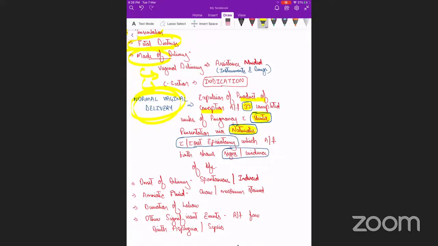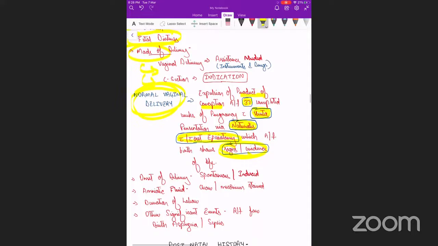So it has to be a vaginal delivery with or without episiotomy, which after birth shows signs or evidence of life. So this is when we term it as normal vaginal delivery. I'll repeat the definition once again. Expulsion of products of conception after completing 37 weeks of pregnancy with vertex presentation being present, via the naturalis, with or without the episiotomy, which after birth shows signs or evidence of life. This is what we call a normal vaginal delivery.